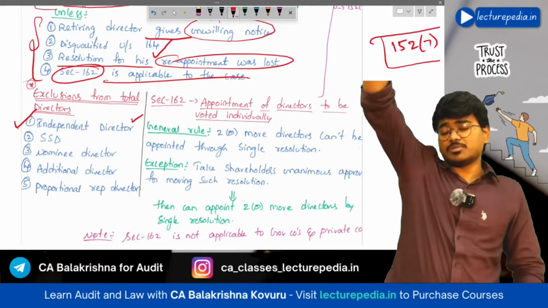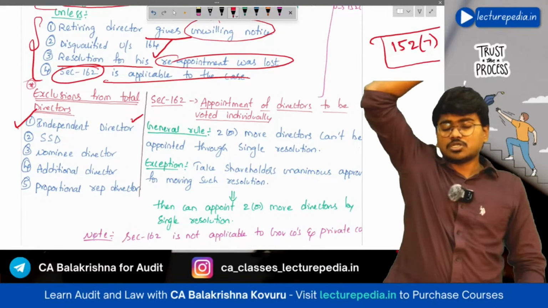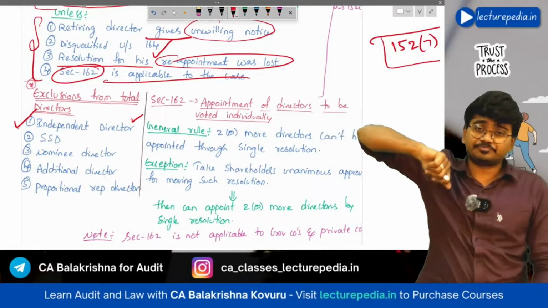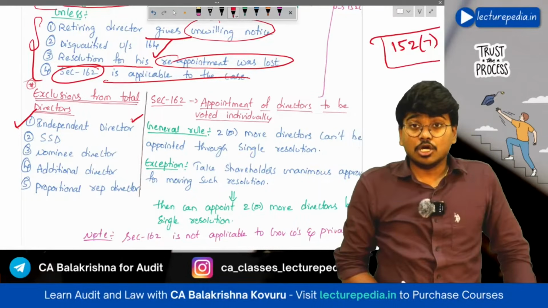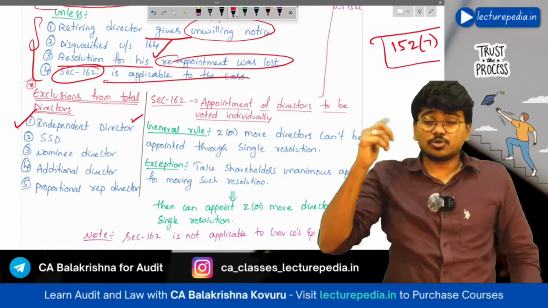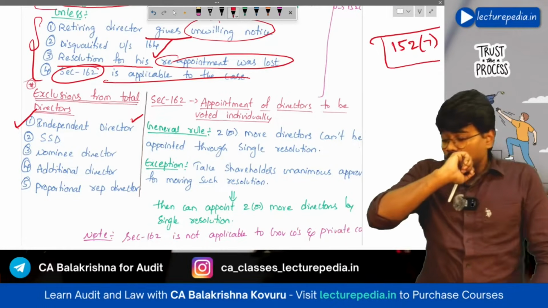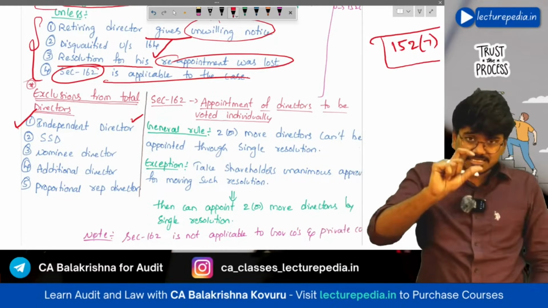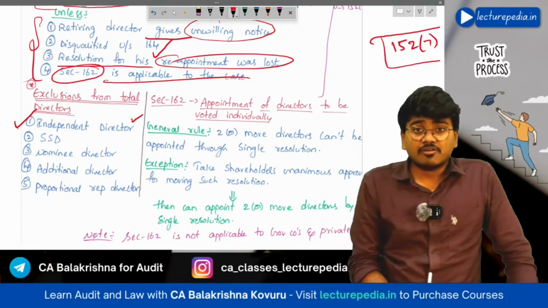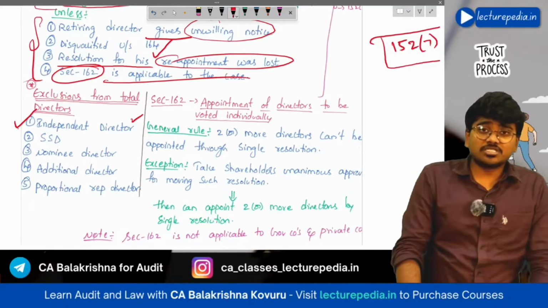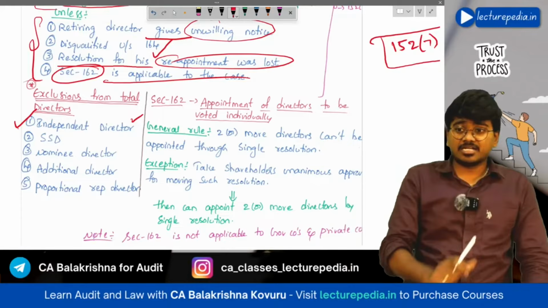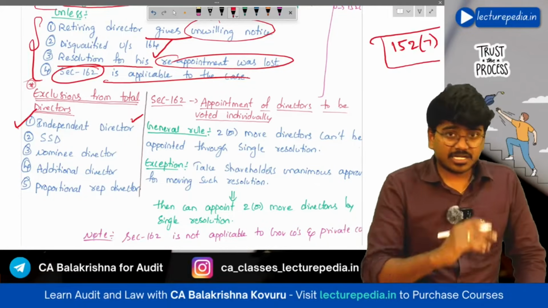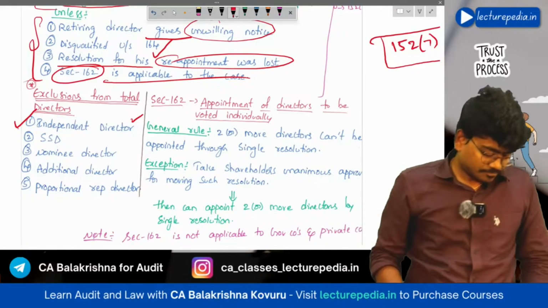In section 149 subsection 3, subsection 4 and subsection 13, we will see the tenure of the independent director will be 2 terms of 5 consecutive years. We will be seeing that. Since there is a separate tenure for the independent director, his office will not be determined by the concept of rotation. So in calculating the total number of directors, an independent director will not be included.